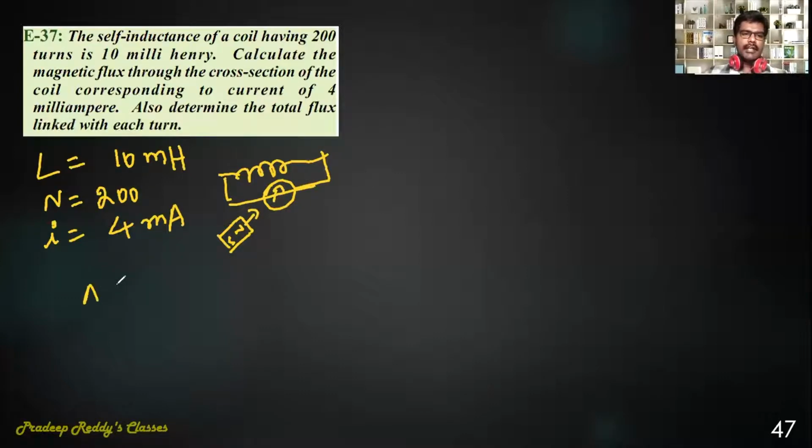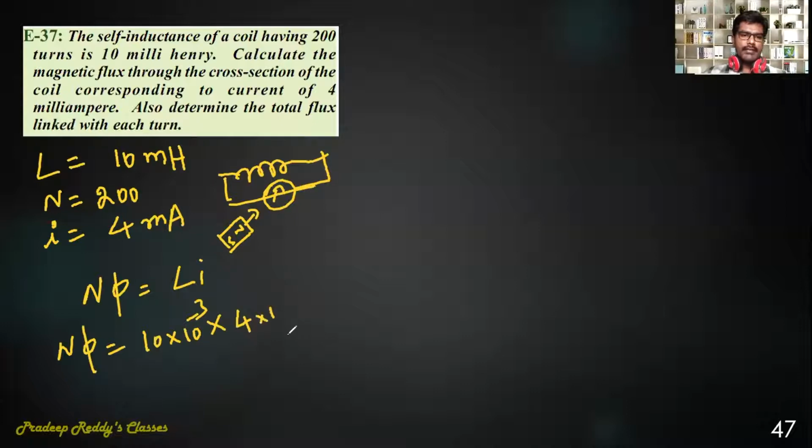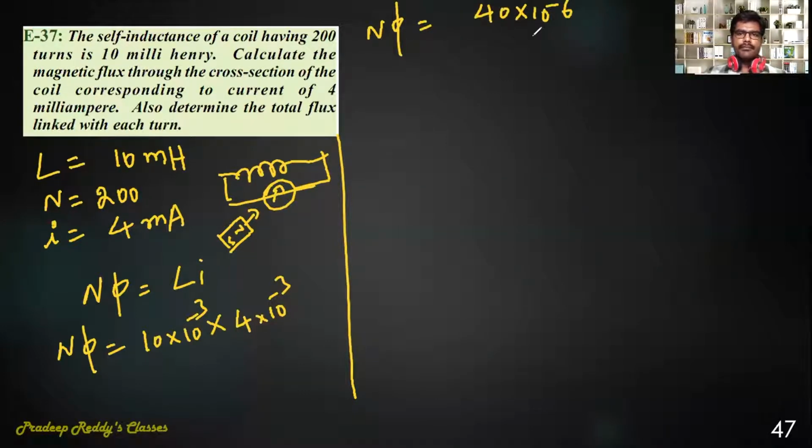You can just write N phi is equal to L into I. L is 10 into 10 power minus 3, I is 4 into 10 power minus 3. This gives N phi is equal to 40 into 10 power minus 6 Weber.